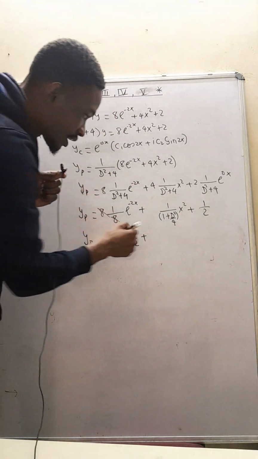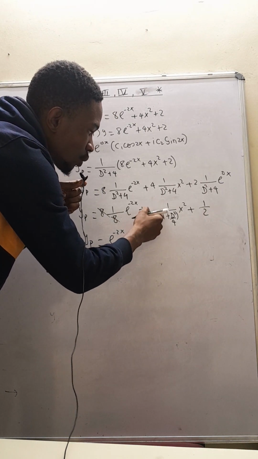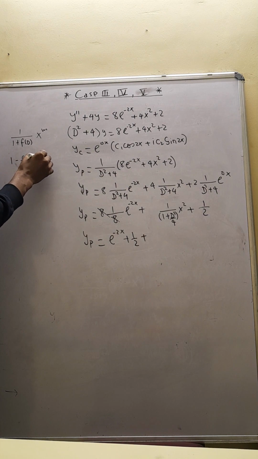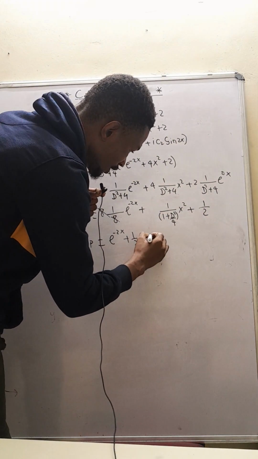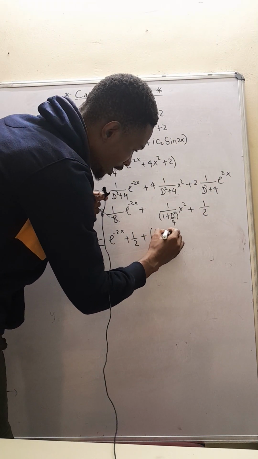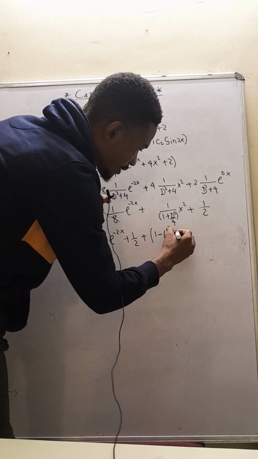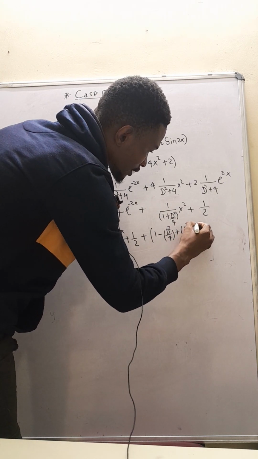How to solve this expression? That's the question. That's the point. Now, this is f of D, and this is 1. This is plus, and when this is plus, we know the sign will interchange. It will be 1 minus f of D plus f of D squared, and so on, times x raised to m. So here I will get 1 minus D squared by 4 plus D squared by 4 raised to 2, and so on.